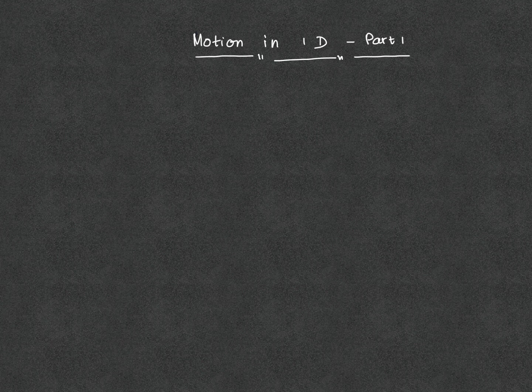So we discussed the definition of velocity yesterday. Since this is a calculus based class, I am going to write it as dx by dt. And we also discussed that as v equals delta x, change in displacement over change in time.